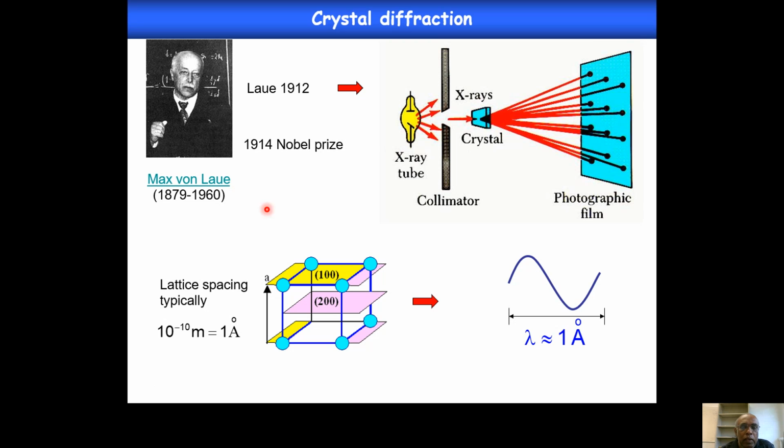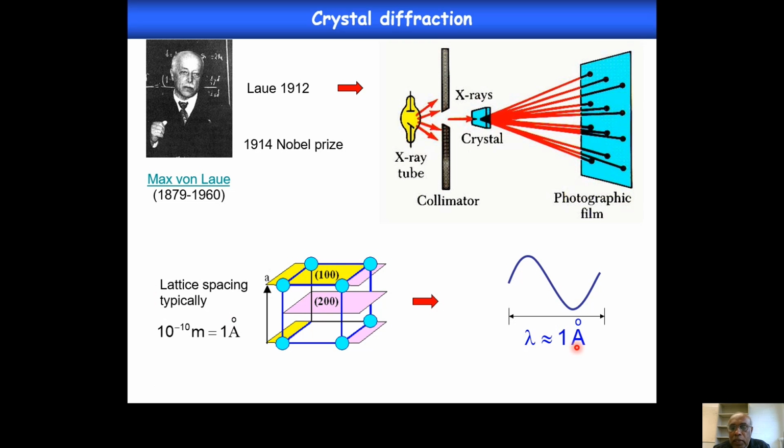If you look at crystals with crystalline planes, here I am showing you parallel planes like 100, 200. Typically these lattice planes have spacing of about 1 angstrom. To probe any atomic features, you need wavelengths on the order of angstroms, right?